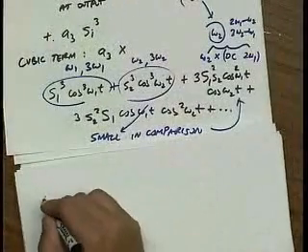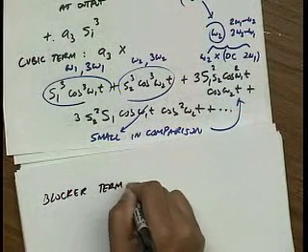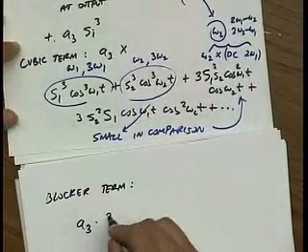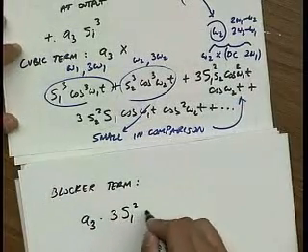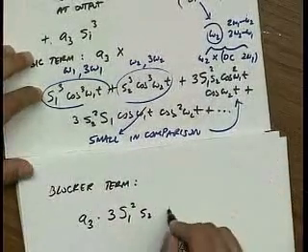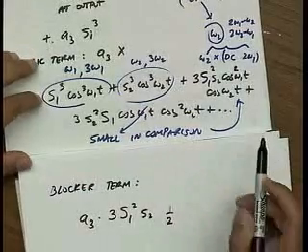So let's say the blocker term looks like A3 times 3 S1 squared S2. When I square cosine, I get 1/2, basically 1 plus cosine 2 omega, which we don't care about.